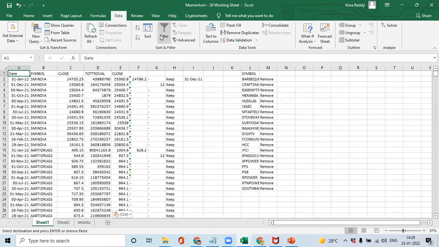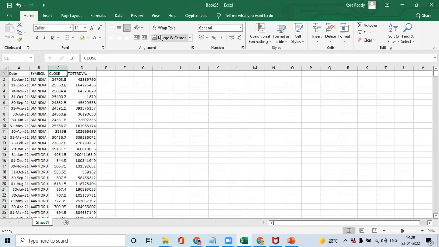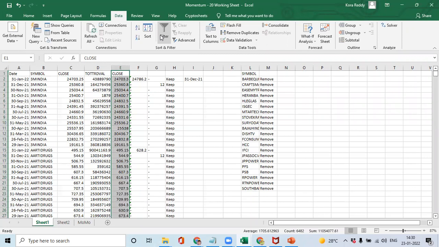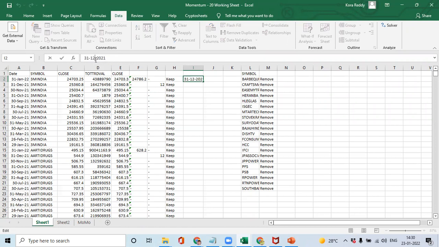And I also need to paste close again for some reason. Right. And today's date is 31st January 2022. I think you have to paste that here. 31st January 22.